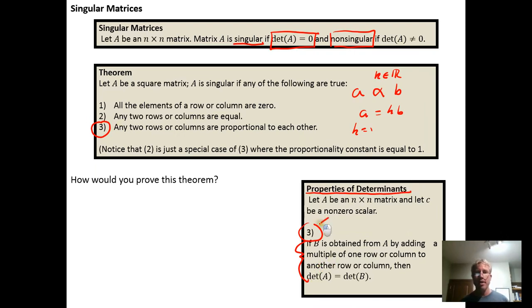So my hint to you before you do the next homework is to use property 3 of the properties of determinants. And if you do that, the proof should go pretty easily for you.